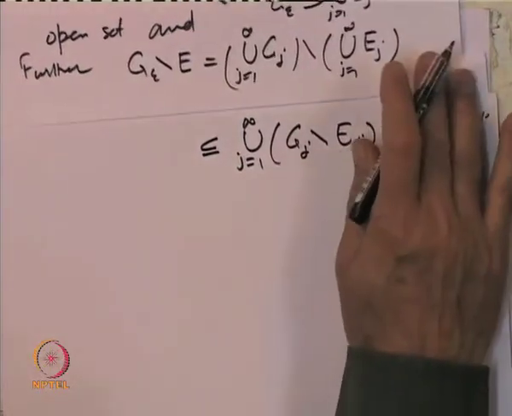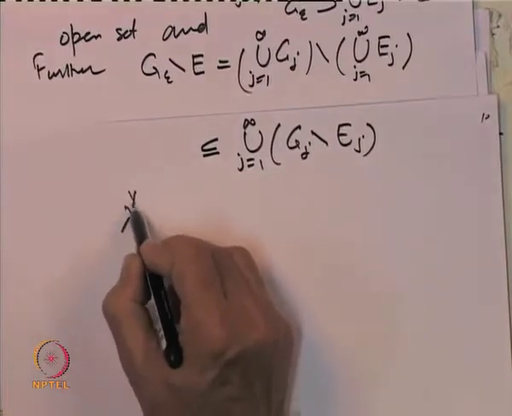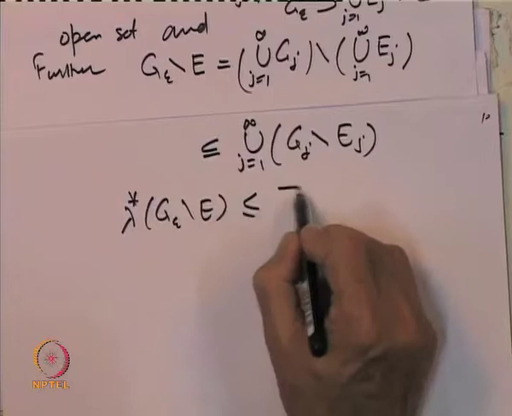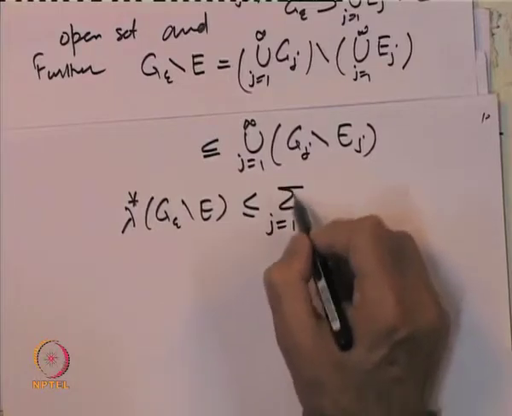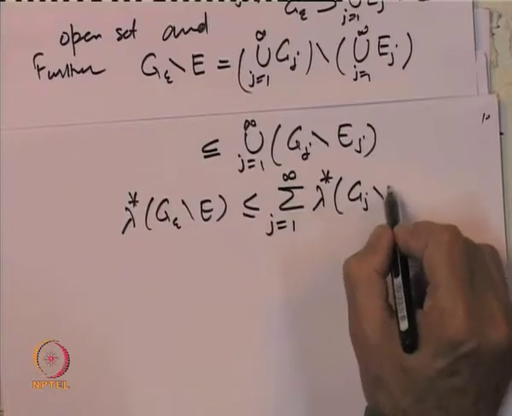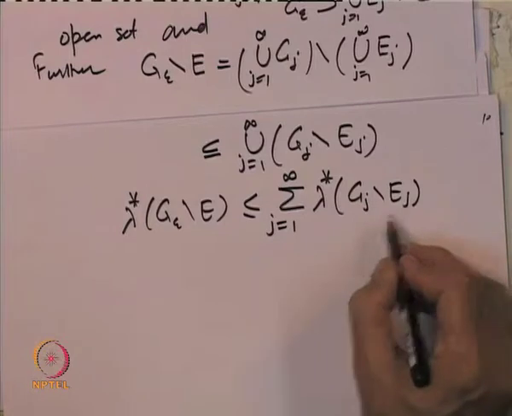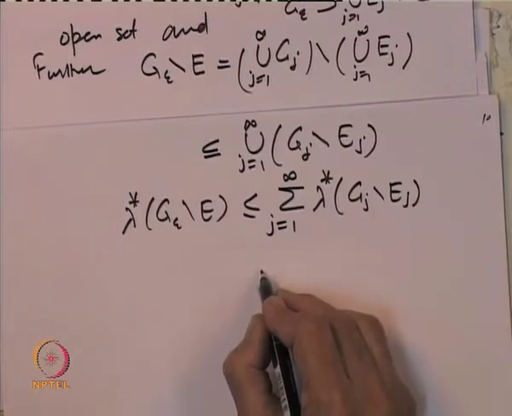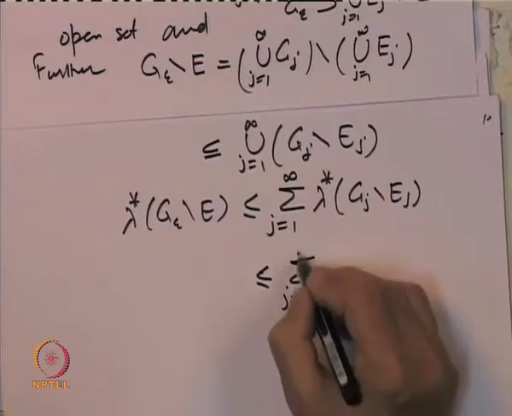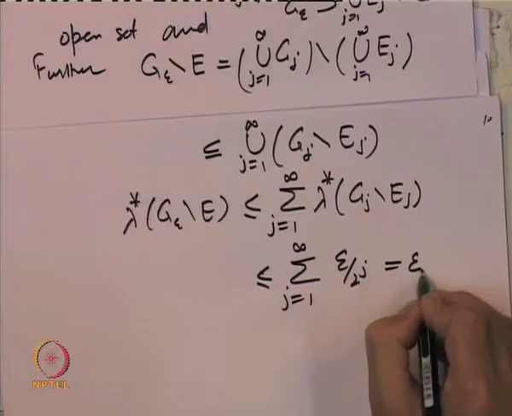And once that is verified, which is easy to verify, we get that lambda star of G epsilon minus E is less than or equal to the sum over j equal to 1 to infinity of lambda star of G j minus E j, which by our choice is less than epsilon to the power 2 to the power j. So, this is less than or equal to the summation j equal to 1 to infinity epsilon by 2 to the power j, which is equal to epsilon.